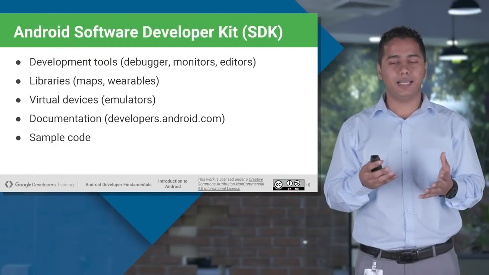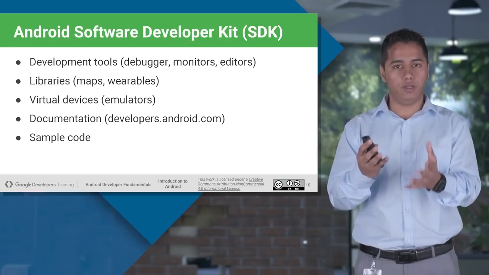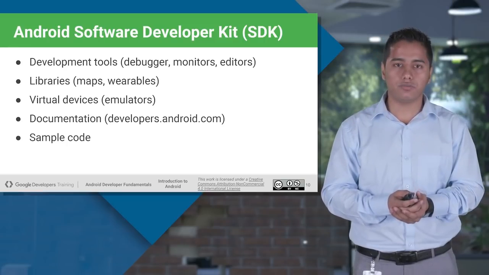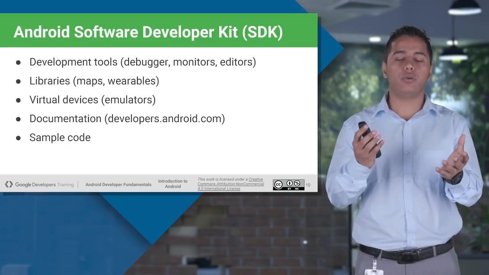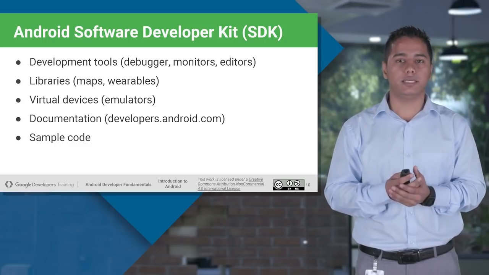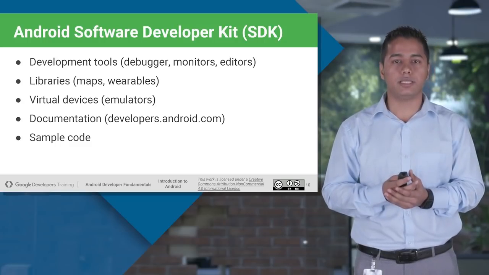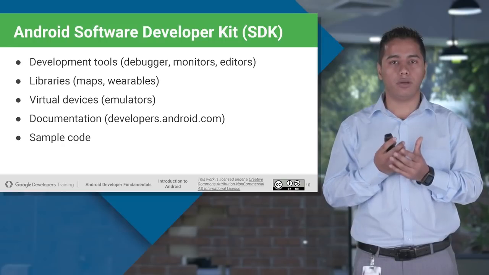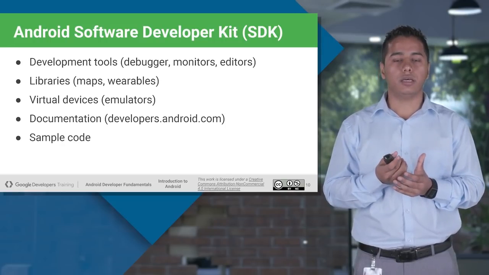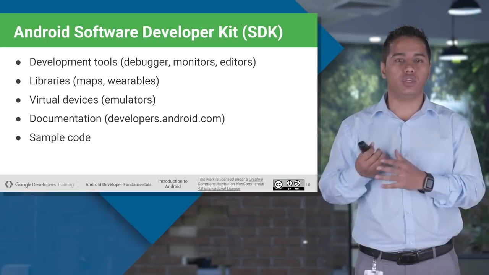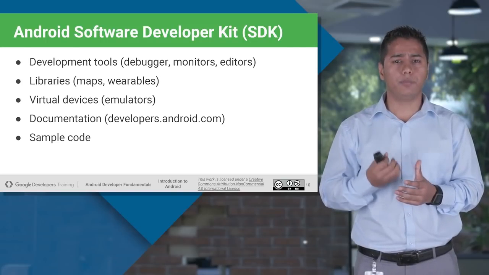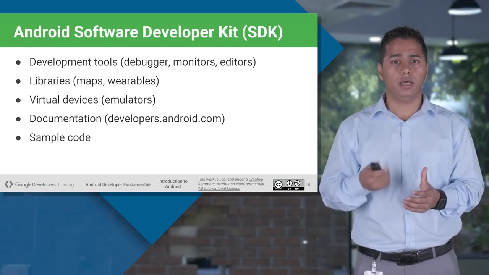How exactly are you going to develop your Android applications? To do that, you need the Android SDK. SDK stands for Software Development Kit. This is specifically for Android application developers, and the prerequisite is Java. We are going to go through all the prerequisites you need in a bit.